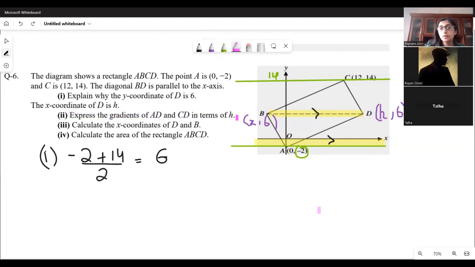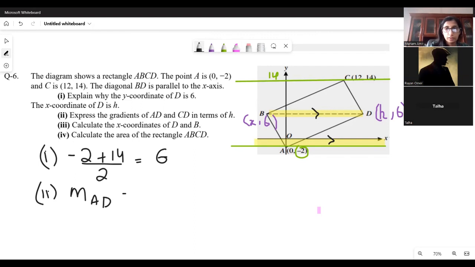So what is the gradient of AD in terms of h? It means (y2 minus y1) over (x2 minus x1). Can you substitute the values? Miss, h minus 0.